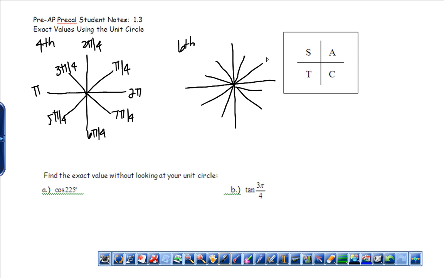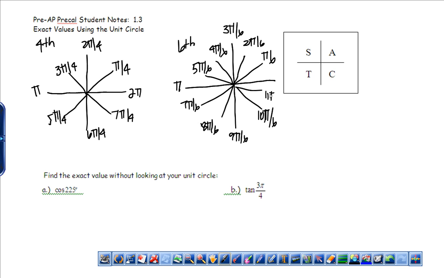So everything is in 6, so this is 1 pi over 6, 2 pi over 6, 3 pi over 6, 4 pi over 6, 5 pi over 6, 6 pi over 6, 7 pi over 6, 8 pi over 6, this is 9 pi over 6, 10 pi over 6, 11 pi over 6, and 12 pi over 6. And again, these reduce to thirds, or some of them reduce to halves, and so forth.